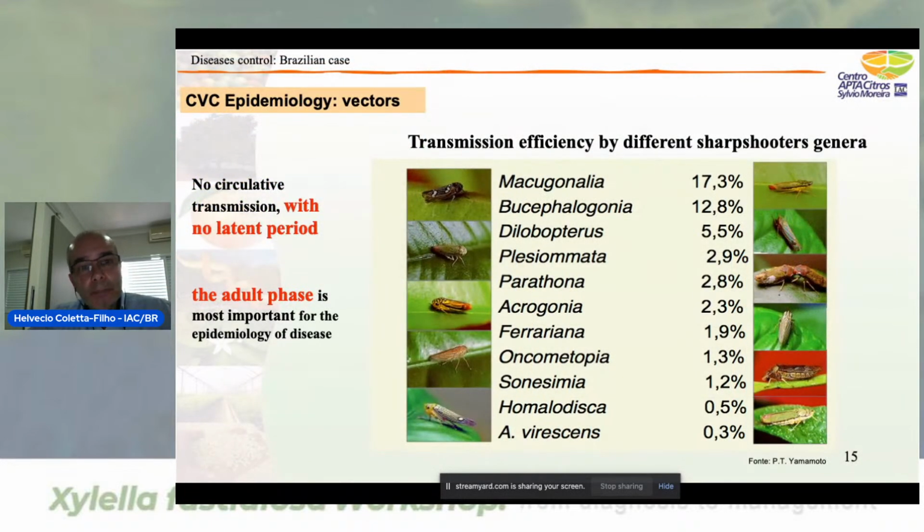About the vectors, you have almost 13 different species that are able to transmit the bacteria, and the efficiency of transmission is quite different. The highest transmission efficiency is almost 17%.